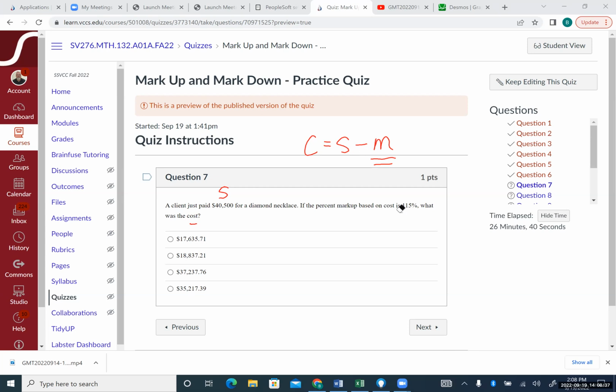But we do know that the markup is 115% of the cost. So 115%, which is 1.15 times the cost, that's what the markup is going to be.